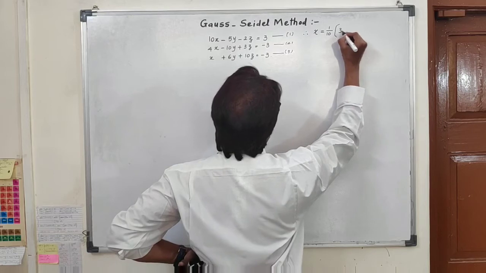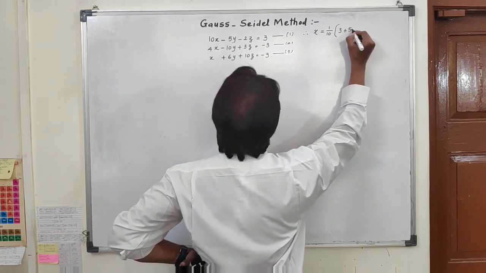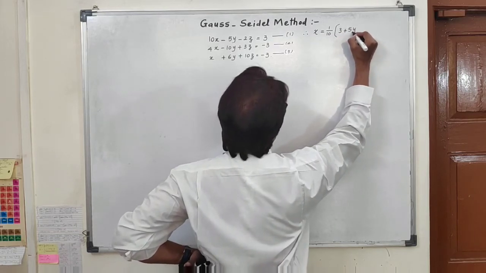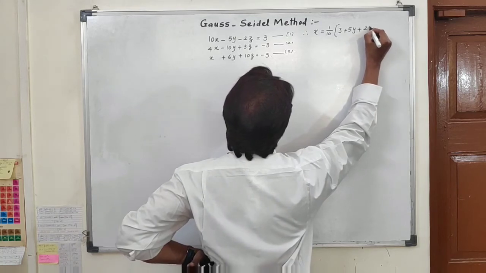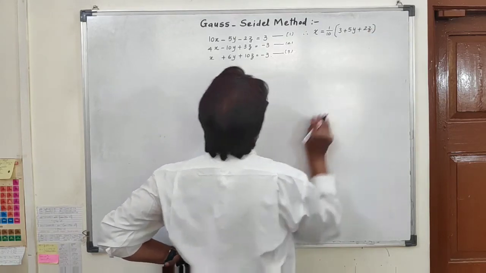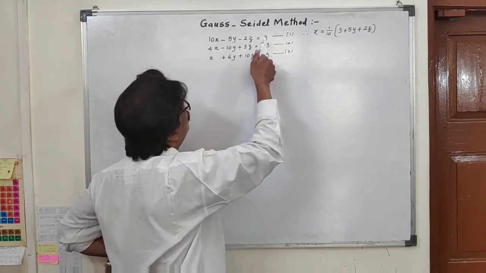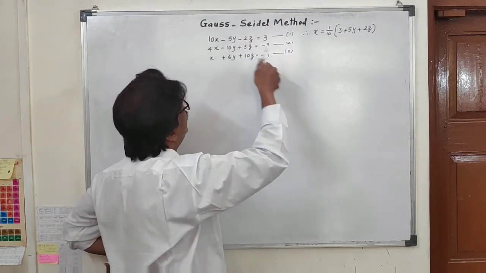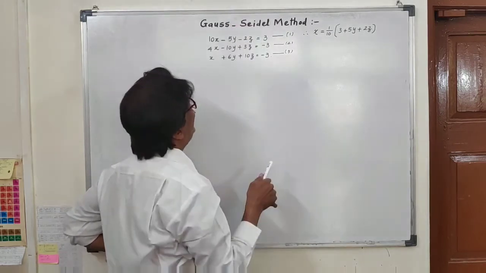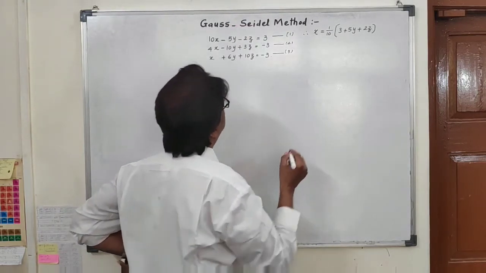After rearrangement, 10x is equal to 3 plus 5y plus 2z. Therefore, x is equal to 1 by 10 times (3 plus 5y plus 2z).